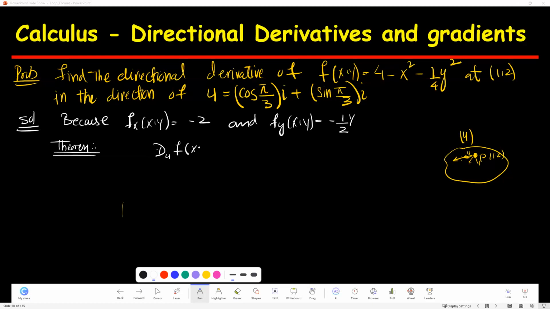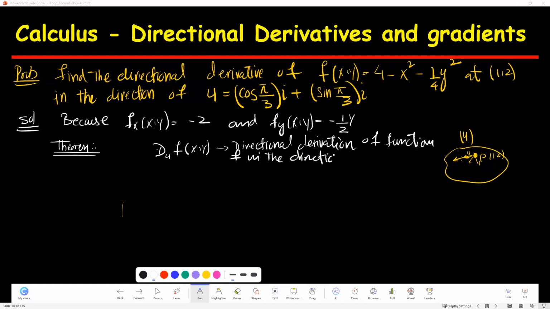So really it means the directional derivative of function f in the direction of unit vector u.